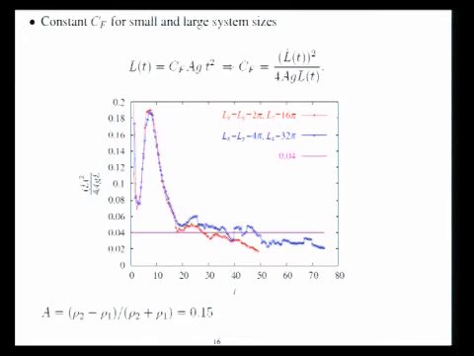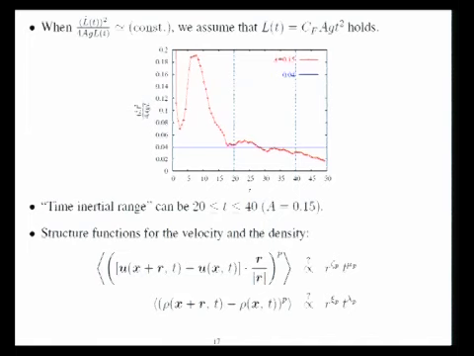This red one is the small domain size, and the blue one is the larger domain size. So the flat region seems to be extended a little bit. My conclusion is that this law holds roughly, and for this Atwood number, the t-square law holds, let's say from 20 to 40.